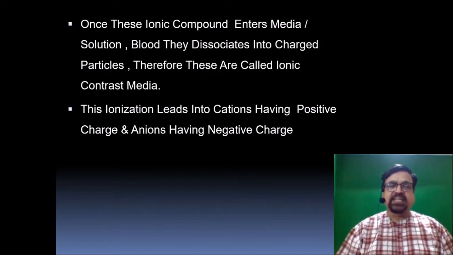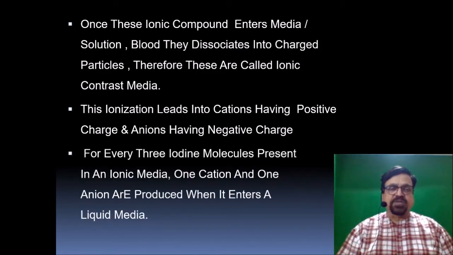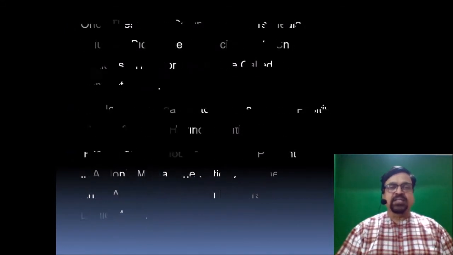This ionization leads to cations and anions: positively charged are cations and negatively charged are anions. This is the ionization effect of the contrast. For every 3 iodine atoms present in an ionic media, 1 cation and 1 anion are produced when it enters into solution.